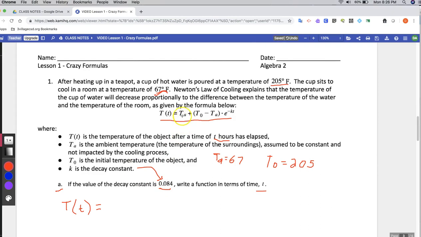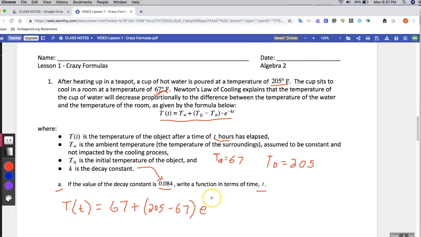So now we can write all these parts into our equation to get our answer. Again, T sub A is our 67. Then we have plus parentheses, T sub 0 minus T sub A. T sub 0 is 205 minus T sub A, which is 67. And then after this we have e. Remember, e is that special number.